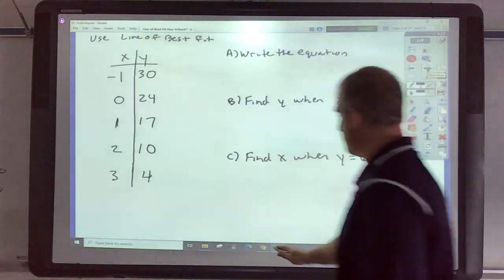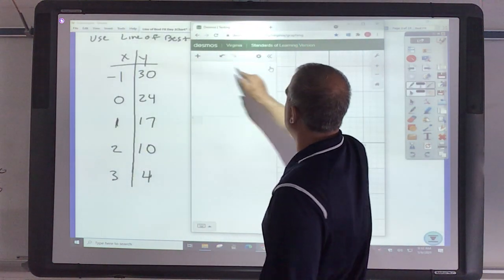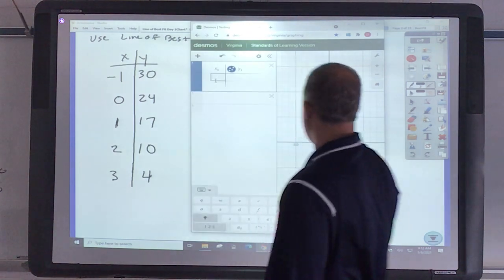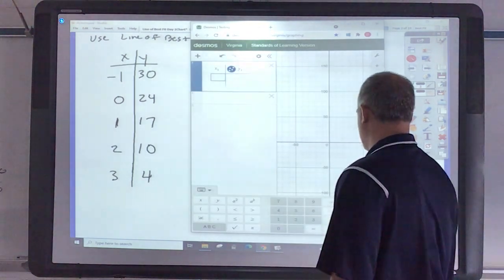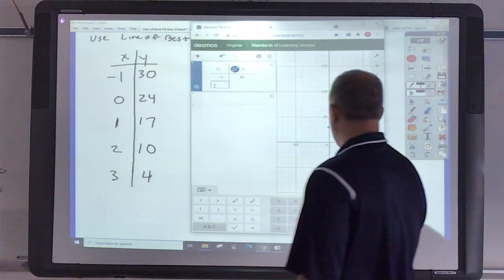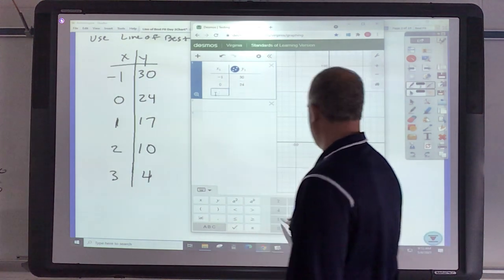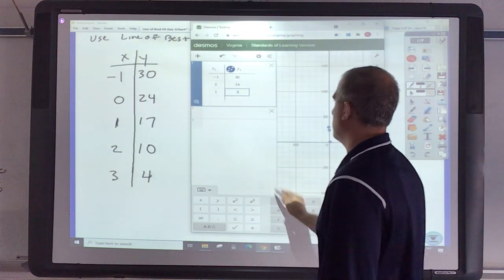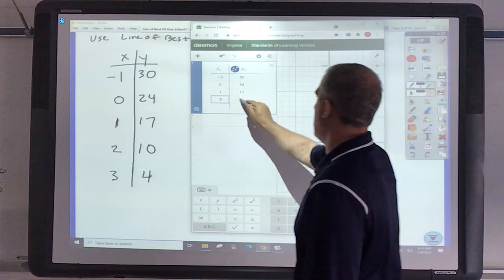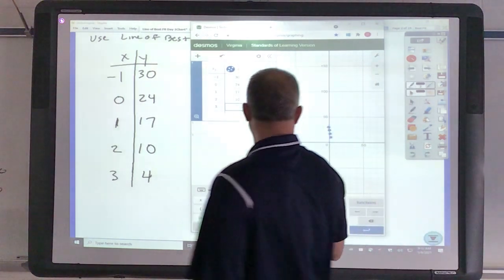Using line of best fit, let's write the equation. I'm going to go ahead and delete this table, and I'm going to add a new table in there. So -1 and 30, 0 and 24, 1 and 17, 2 and 10, 3 and 4.